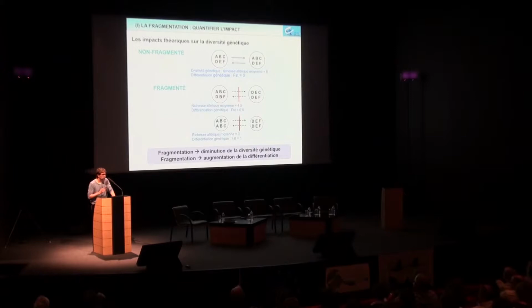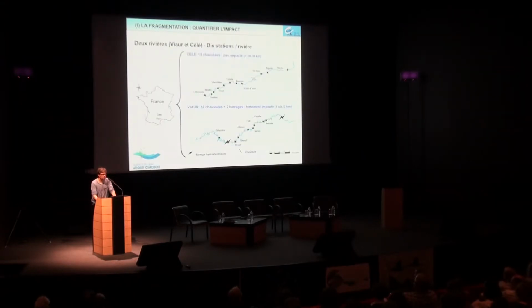From a theoretical point of view, in fragmented areas, we have a lower genetic diversity and a higher genetic differentiation.